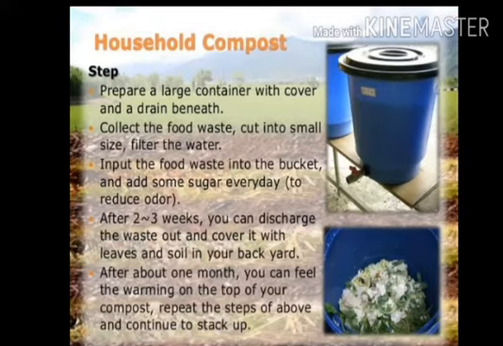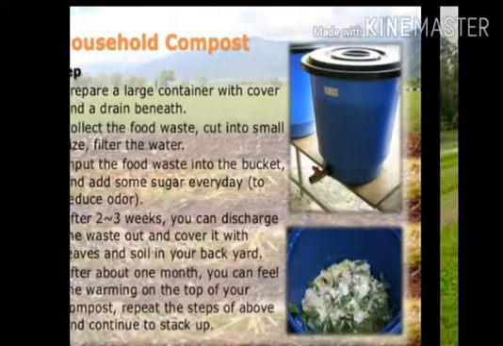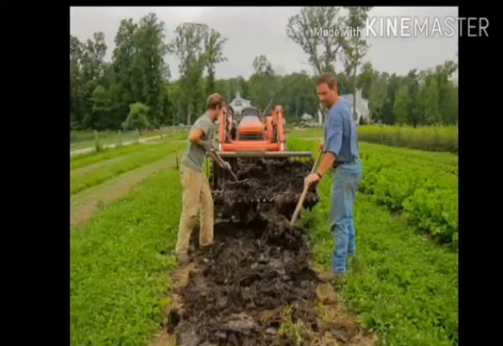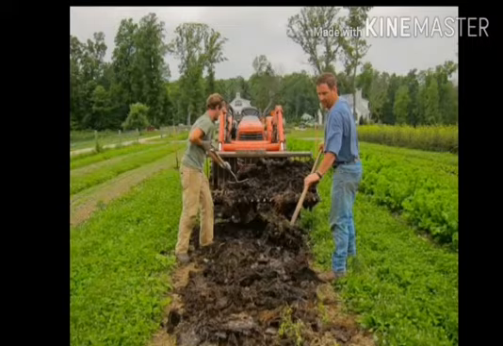After 3 weeks, you can discharge the waste and cover it with leaves and soil in your backyard. After about 1 month, you can feel the warmth on the top of your compost. Repeat the steps above and continue to stack up. And these people are applying organic manures on the agricultural field.